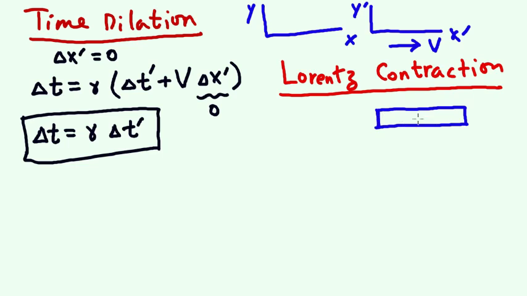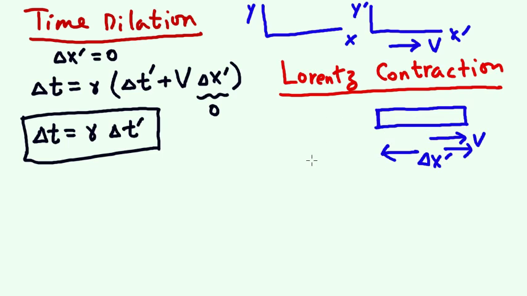Let's say that a rod is moving to the right here with velocity v, and the length of this rod is delta x prime when it's measured in this moving frame, in which the rod is at rest. So that delta x prime is basically the natural length, the true length of this rod, because it's measured in a frame in which the rod is at rest.